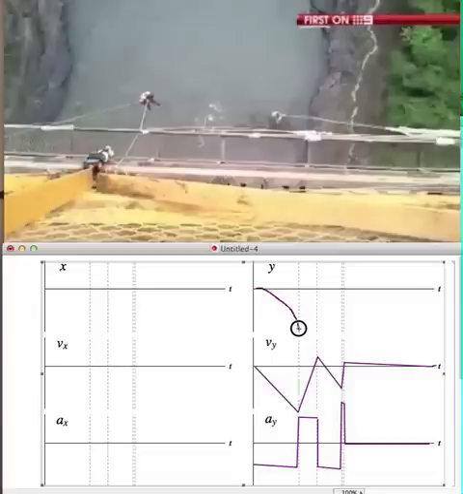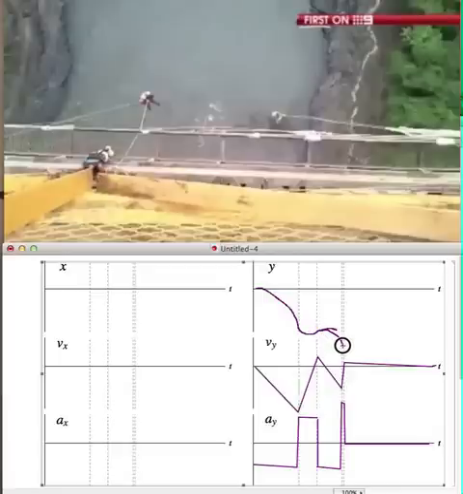Now we have an upwards velocity, increasing velocity, positive acceleration. Now we have parabolic upwards. Now decreasing velocity, negative acceleration, parabolic downwards. Actually, this should probably be a little steeper downwards.